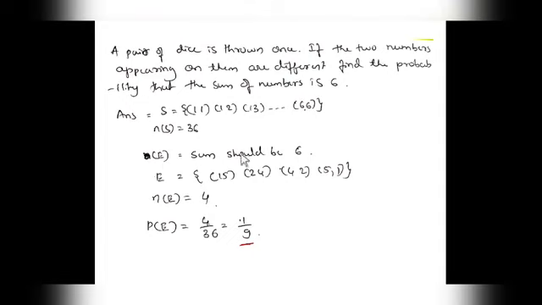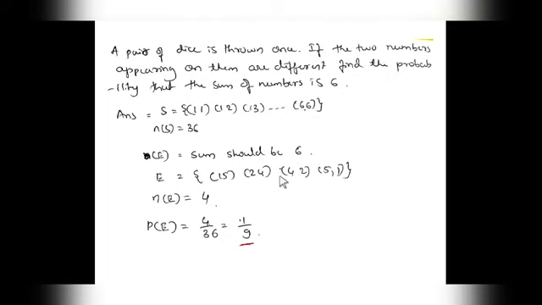Now E is an event, the sum should be 6, provided one condition they have given, that they should be different numbers. So I have the options: 1 plus 5 is 6, both numbers are different. 2 plus 4 is 6, both numbers are different. 4 plus 2 is 6, 5 plus 1 is 6.